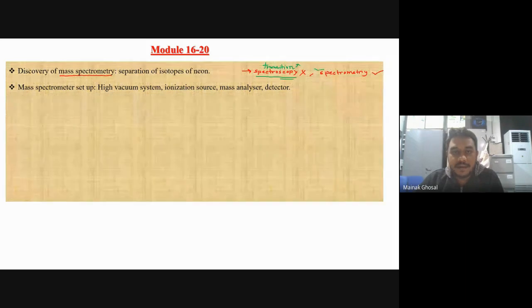To analyze by mass spectrometer, you need some instrument setup, which first is a high vacuum system, through which you pass your sample, and then a high energy electron source or some ionizing chemicals.